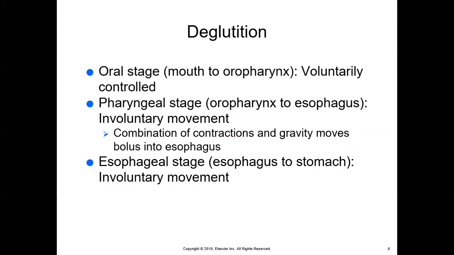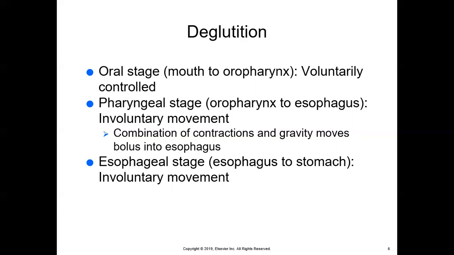That's voluntarily controlled. When it's voluntarily controlled, you know that the muscles that actually help with deglutition are skeletal muscles. Then you have a pharyngeal stage that goes from the oral pharynx, the back of the throat, to the esophagus. In this stage, you have involuntary movement.